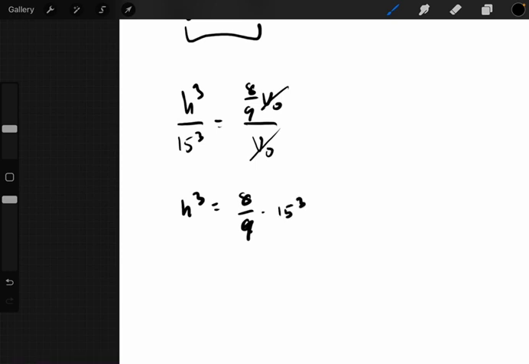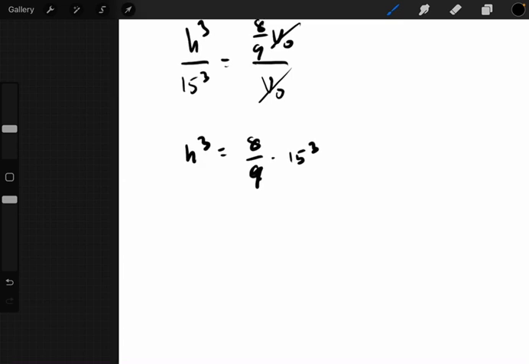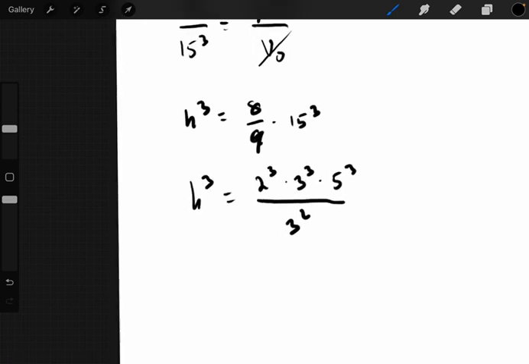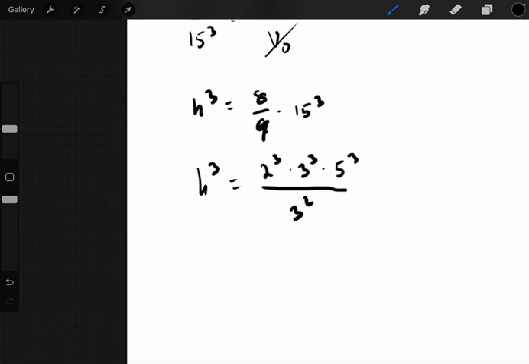Now from here, I'm going to separate 15 cubed, and I'm going to do it for 8 as well. 8 is 2 cubed, and 15 cubed equals 3 cubed times 5 cubed, all over 9, which I'll put in terms of 3 squared. Now, the rest is pretty simple.